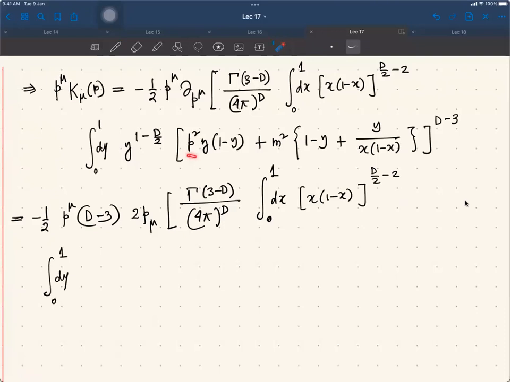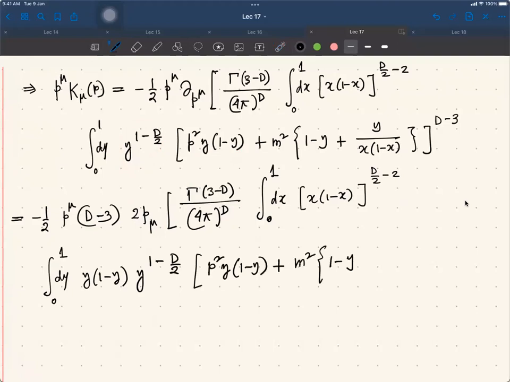When we take a derivative with respect to p mu, we get 2p mu times y times 1 minus y, and then y to the power 1 minus d by 2, which was there earlier also. So this factor times p square y times 1 minus y plus m square times 1 minus y plus y by x, to the power d minus 4.